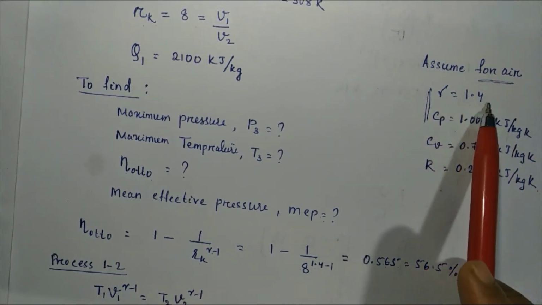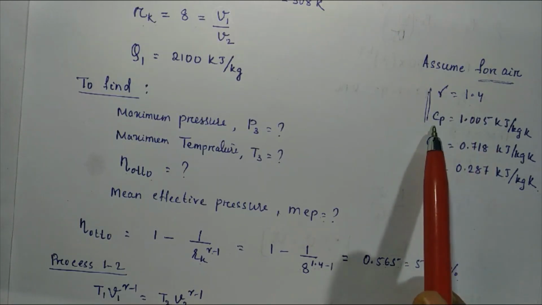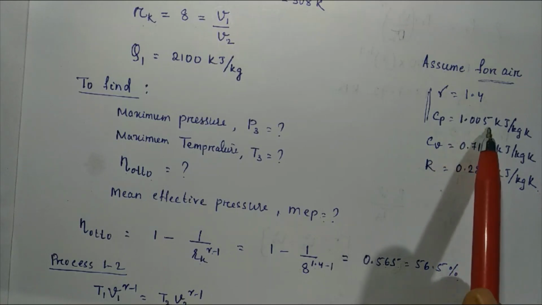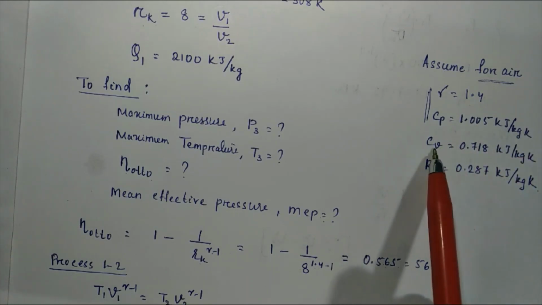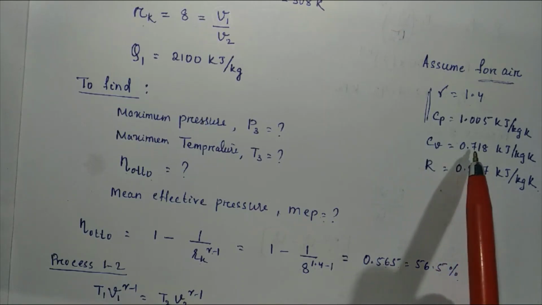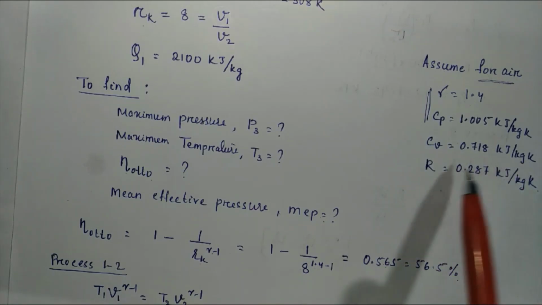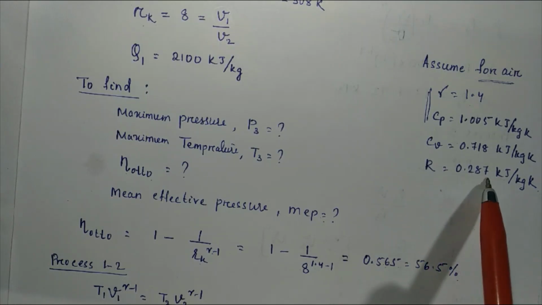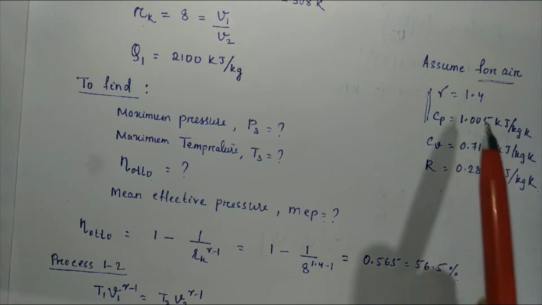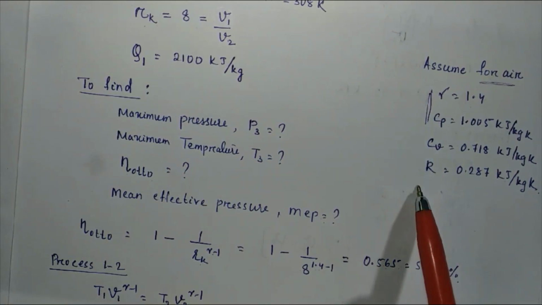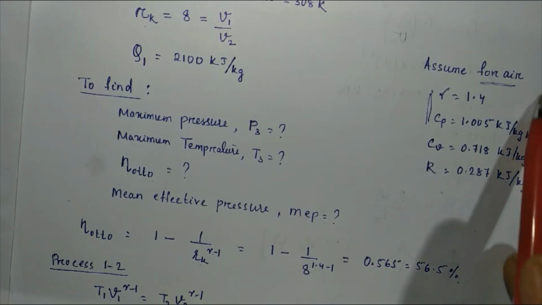that is gamma equal to 1.4, Cp, specific heat at constant pressure, is equal to 1.005 kilojoule per kg Kelvin. Cv, specific heat at constant volume, is equal to 0.718 kilojoule per kg Kelvin. R, capital R, is equal to 0.287 kilojoule per kg Kelvin. These are standard values for air which we have to consider while we solve the numerical.